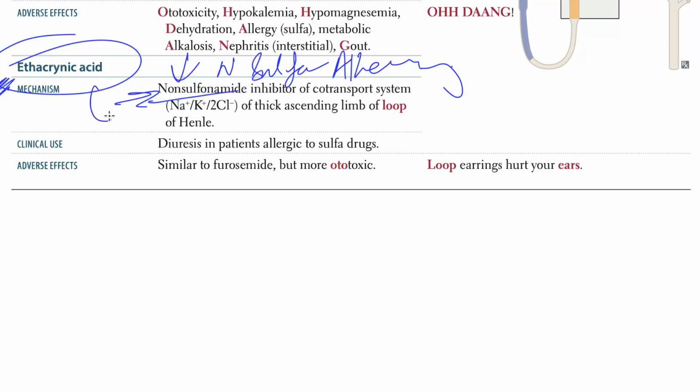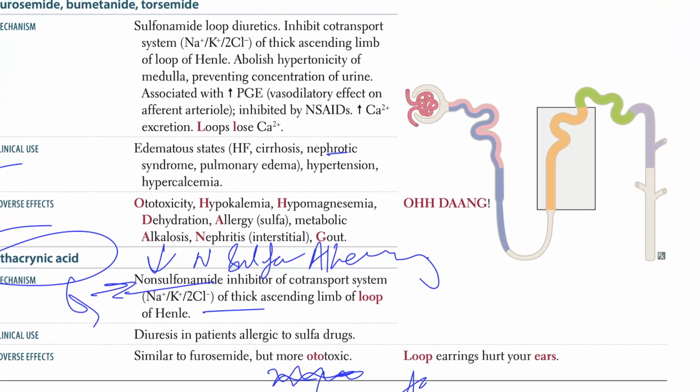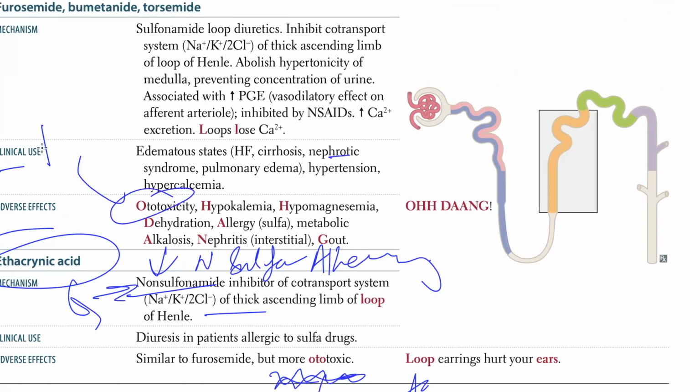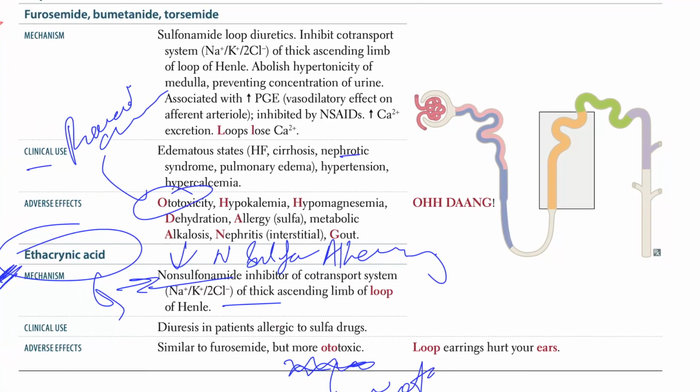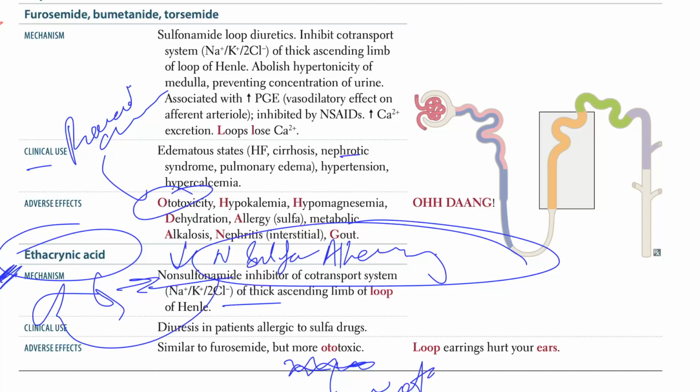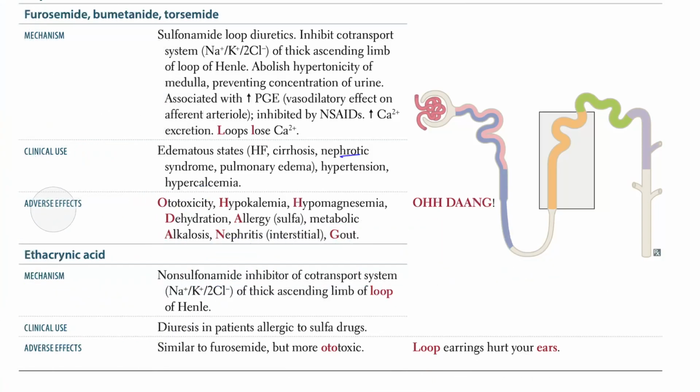It has the same mechanism of action. But the problem is it causes more ototoxicity, and sometimes irreversible ototoxicity, while the rest of the loops cause more reversible ototoxicity. So keep that in mind. If a patient has a sulfa allergy, you can give ethacrynic acid, but again at the cost of more ototoxicity. That's pretty much all we have for loop diuretics.